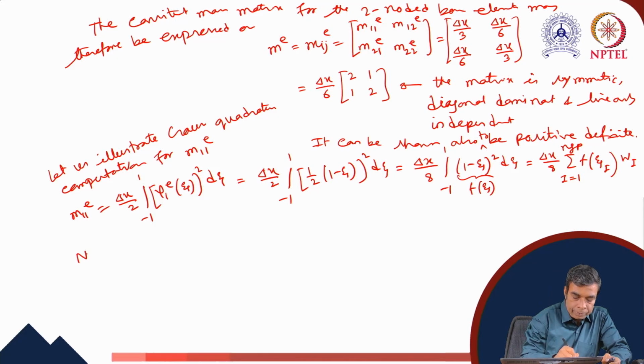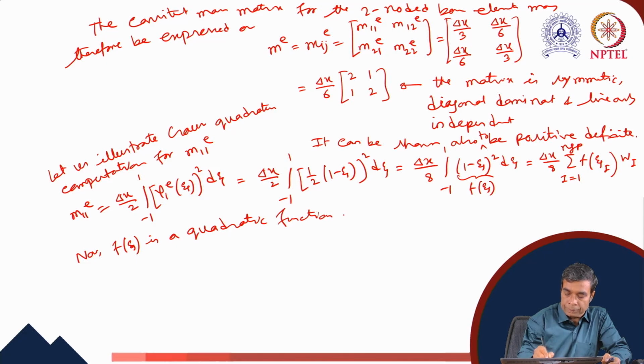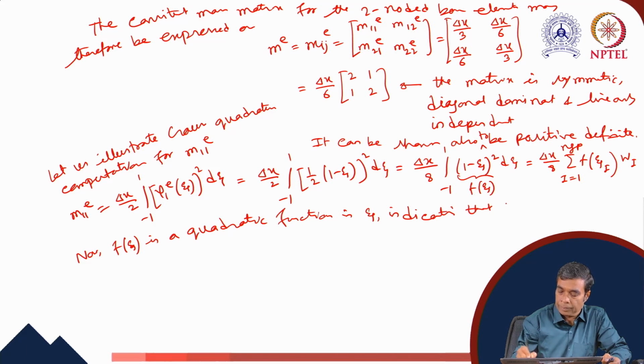Now f(xi) is a quadratic function in xi, indicating that the order of the polynomial is p equals 2.